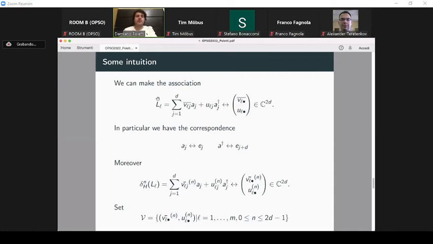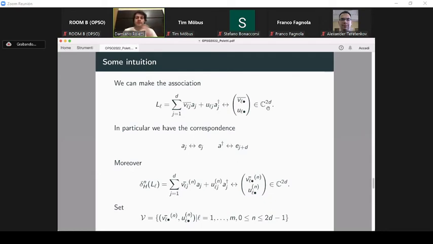So we can transform the set of operators into a set of vectors in C^{2d}. In this set of vectors, we can find creation and annihilation operators by looking at the elements of the canonical orthonormal basis, but also all the iterated commutators can be looked at as vectors in C^{2d}.